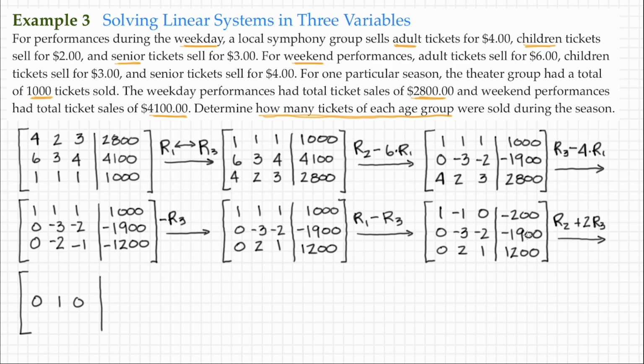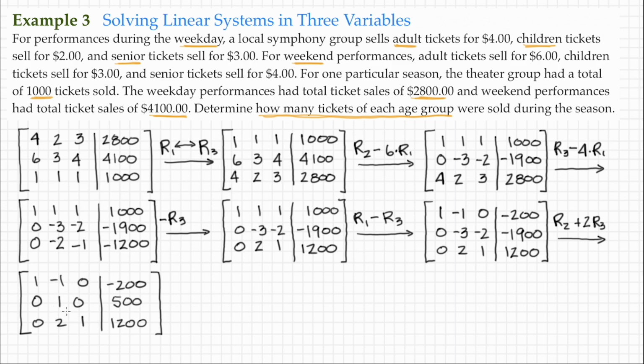Negative 1,900 plus 2,400 is 500. Close off our bracket and fill in the rest. 1, negative 1, 0, negative 200, 0, 2, 1, and 1,200. So again, we've now made this into a unit column.